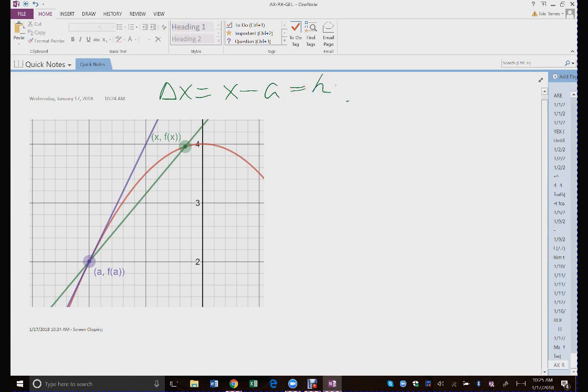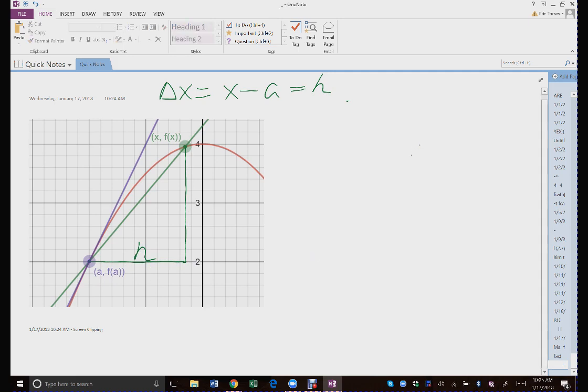It just represents the distance in the x direction. So, here's our little rectangle, our rise and our run. And our run has a distance of h. And I'm going to leave the rise just as it was, but actually I'm going to change the rise just a little bit.